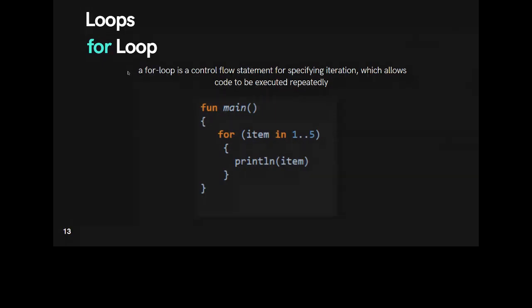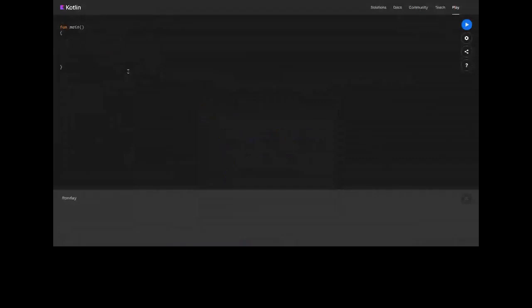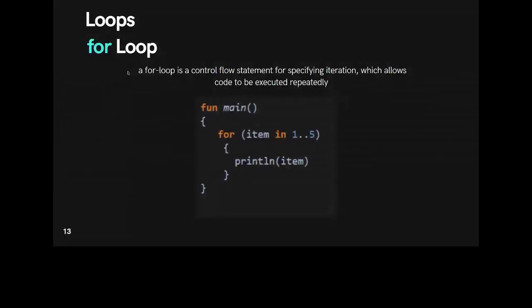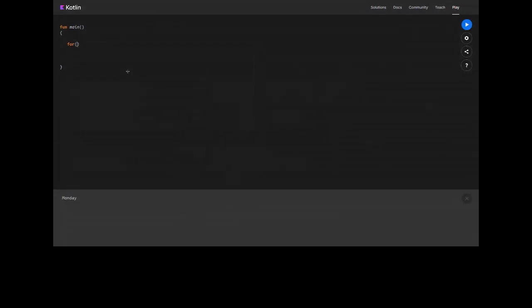In Kotlin, the syntax is also pretty simple. It is very close to if or else control flow statements. What you do is declare the keyword, and then you put the condition for it. Here I'm going to just say item, which is a variable, in 1..5.